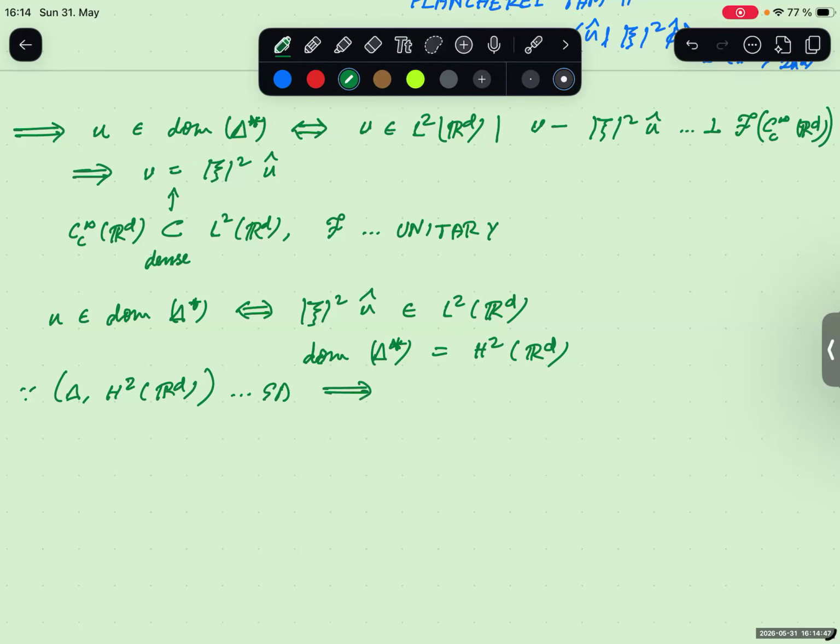So from this and the above deduction, we can show that the Laplacian on the space of compactly supported functions is essentially self-adjoint. In other words, this is a core of the Laplacian.